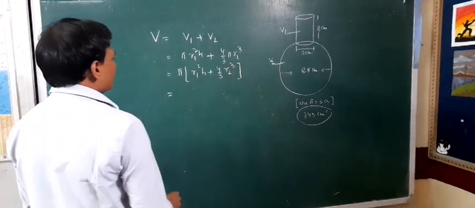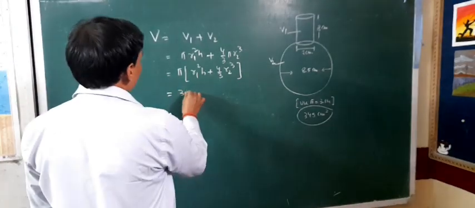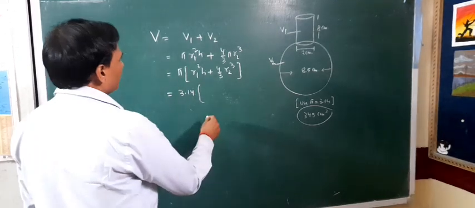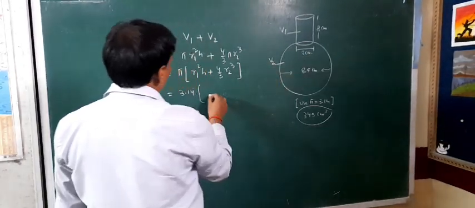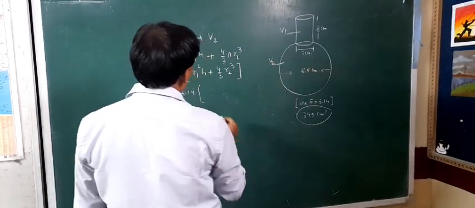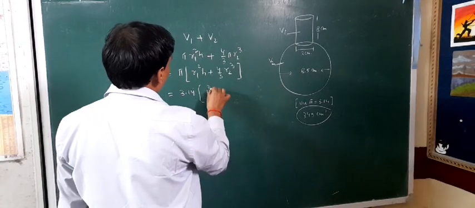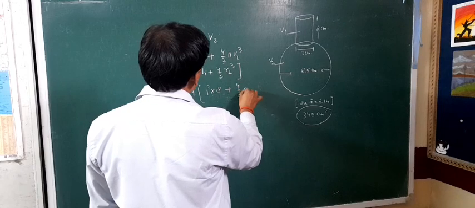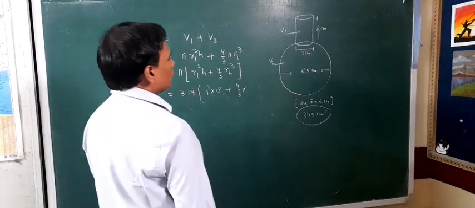In this manner we shall get a common part, pi, 3.14, and in place of r1 you will write 1, because the diameter is 2, so the radius will be 1, square multiplied by 8, plus 4/3 multiplied by r2 cube.